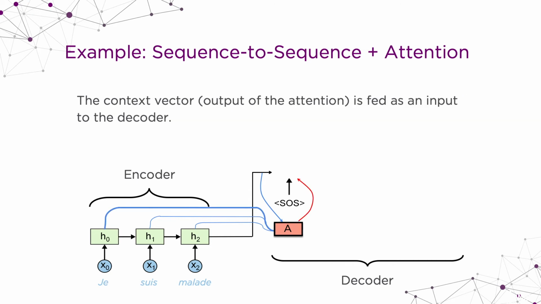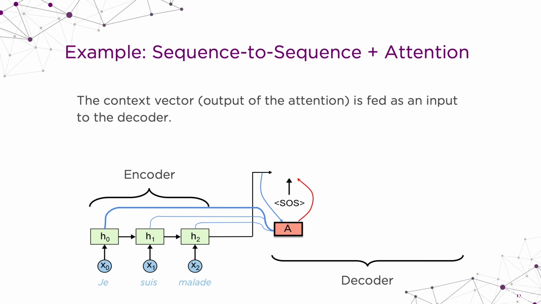So I show it here in red, so this is the context vector, but you can also see here on these attention lines that one is more thick. And this is because hopefully attention here is doing the right thing and is giving a big weight to the first word, je, just because it understood that the decoder now needs the information coming from this word to produce the current output. And in fact, now we can finally run the decoder.